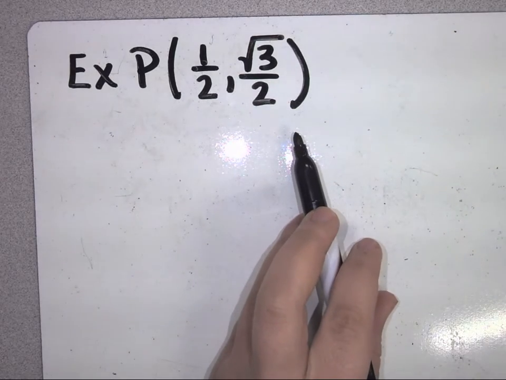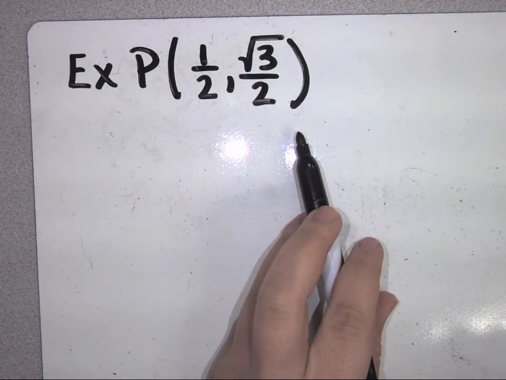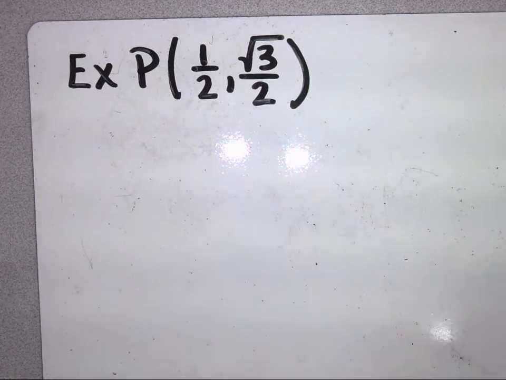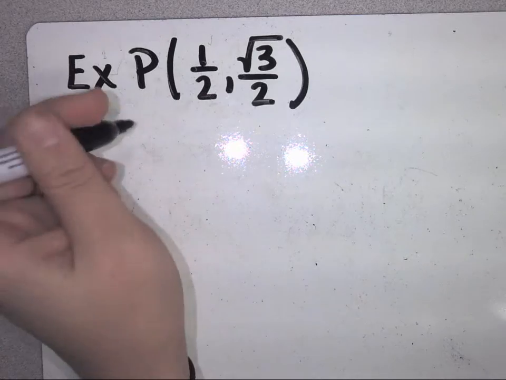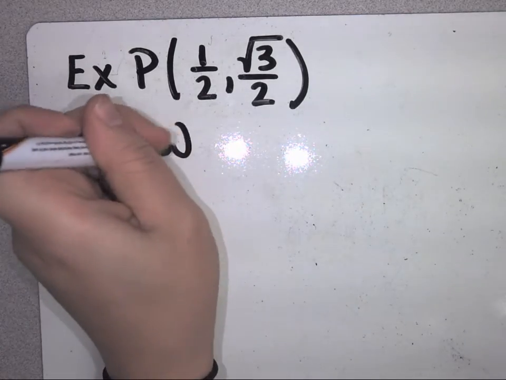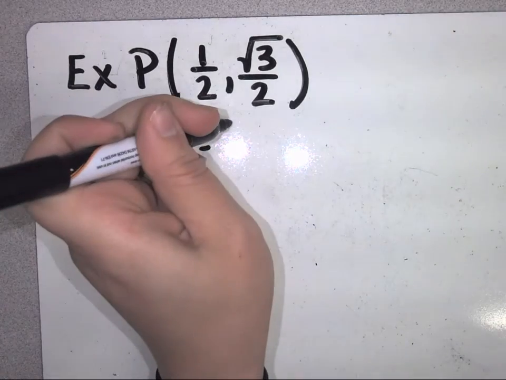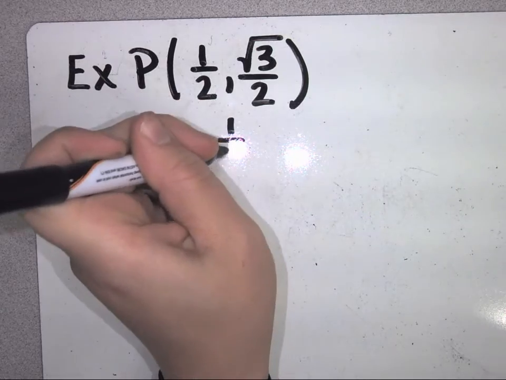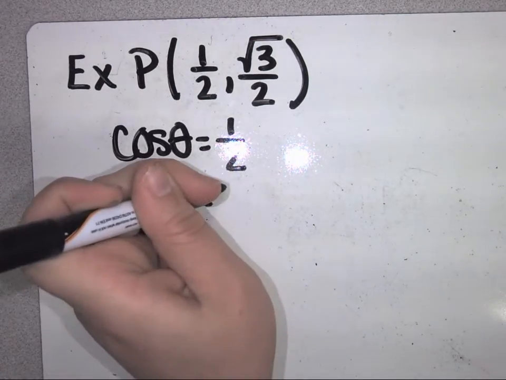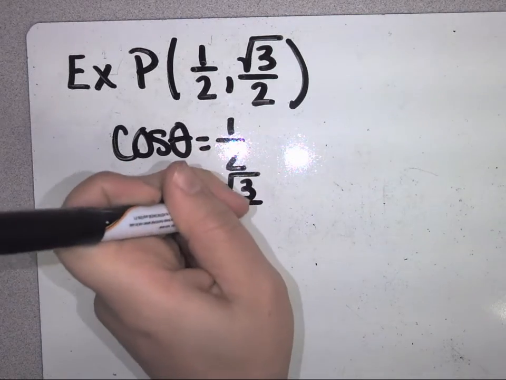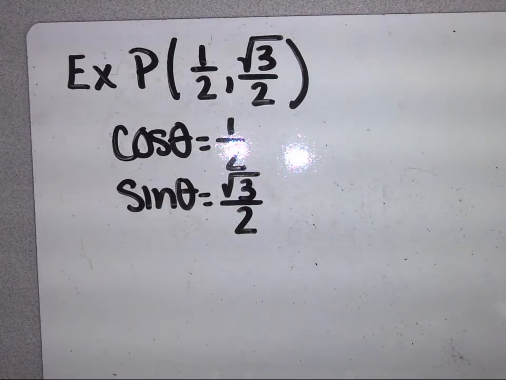Find cosine and sine. You have no math to do. Which one of those represents cosine and which one of those represents sine? So you literally write cosine of theta equals, and I'm going to write 1/2, and then I'm going to write sine of theta equals square root of 3 over 2. And it's legitimately that easy.